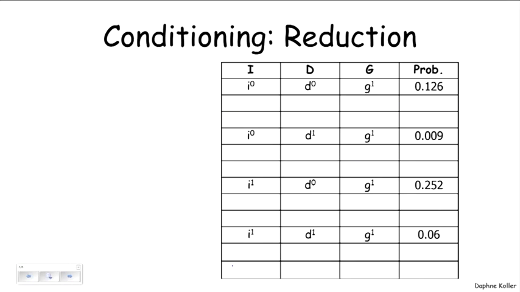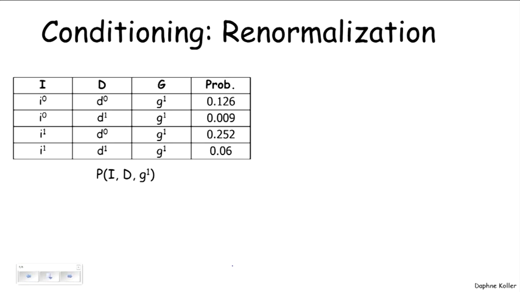Now that by itself doesn't give me a probability distribution, because notice that these numbers no longer sum to 1, because they summed to 1 before I threw out a bunch of stuff. And so in order to get a probability distribution, what I do is I take this unnormalized measure. The word measure indicates that it's a form of distribution, but the fact that it's unnormalized means that it doesn't sum to 1. So this unnormalized measure, if we want to turn it into a probability distribution, the obvious thing to do is to normalize it.